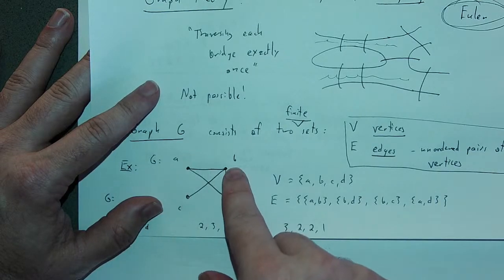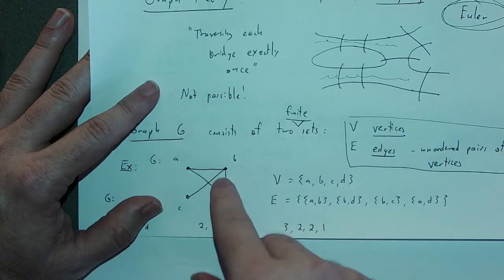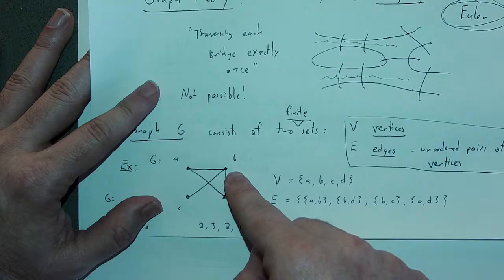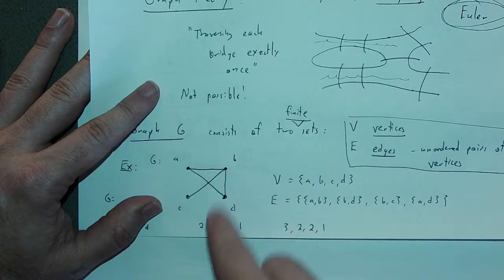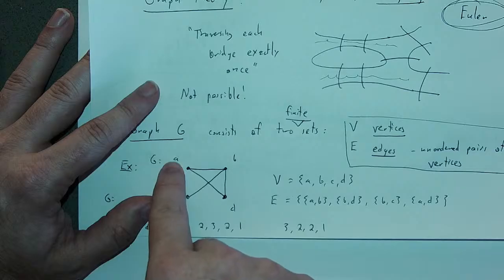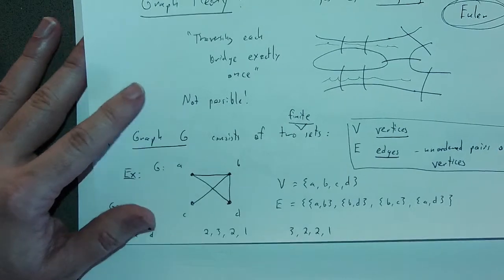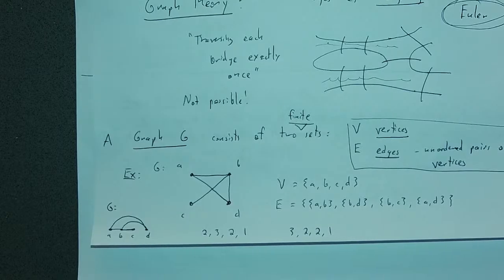When I get here, this is 3. But let's consider where that 3 comes from. One of the edges making up that 3 is an edge I have already counted when I counted A. I counted this top edge.